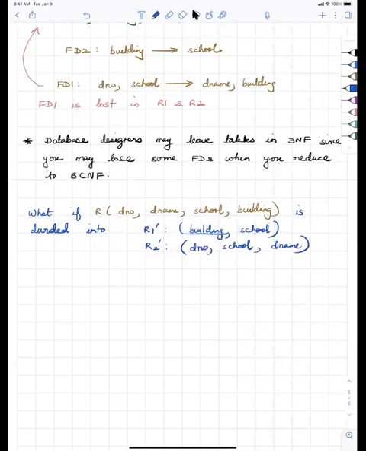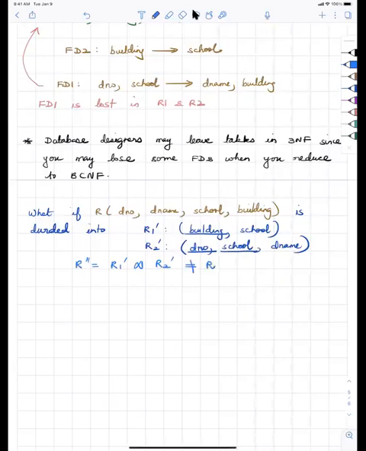So now I have D number and school gives D name. If you try joining these two tables, let's say R double dash is equal to R1 dash join R2 dash, this will not be equal to the original table R.